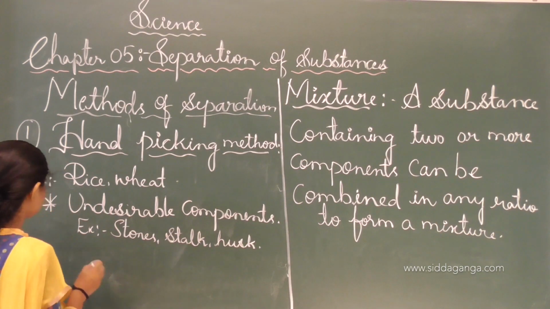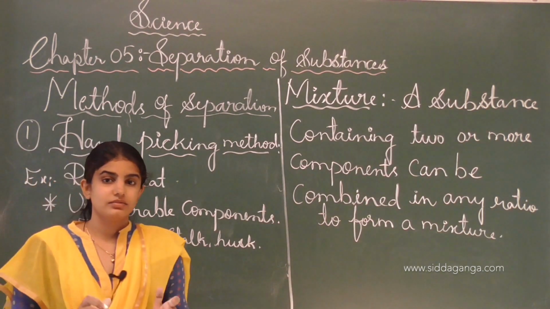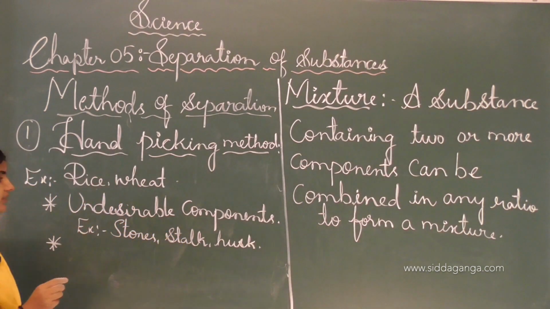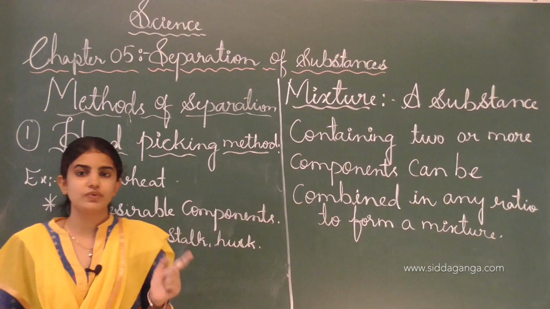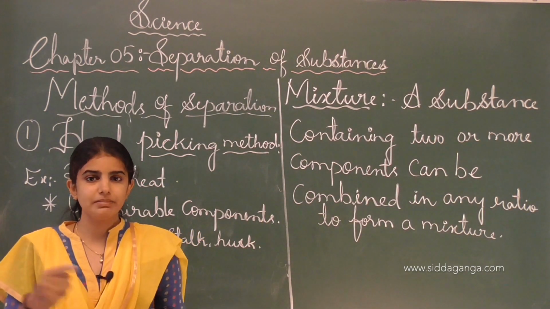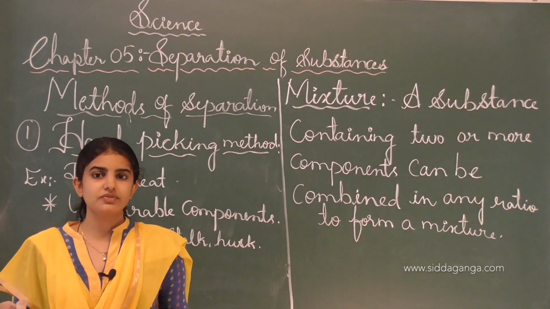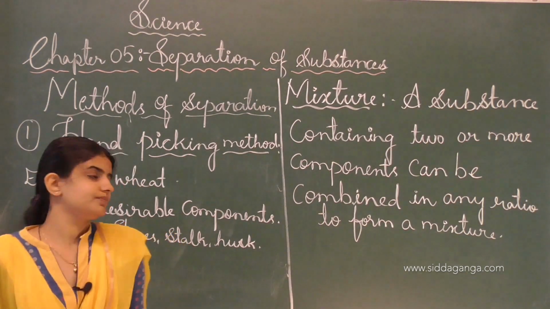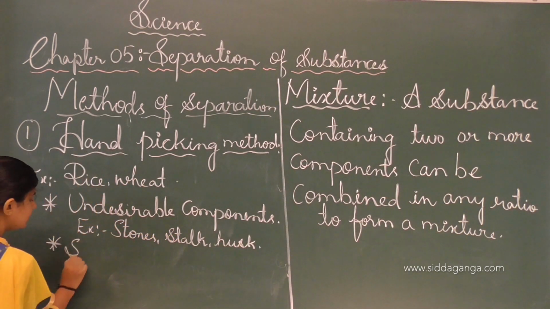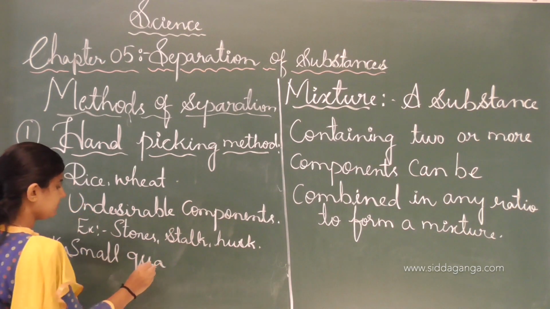This method is also useful for small quantities. If we take food items like rice as well as wheat in a small quantity, we can easily pick them out. In large quantity, it is very difficult to pick out the grains from the mixture.